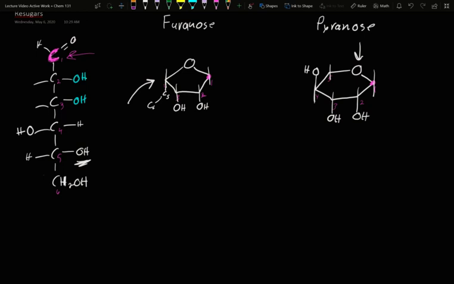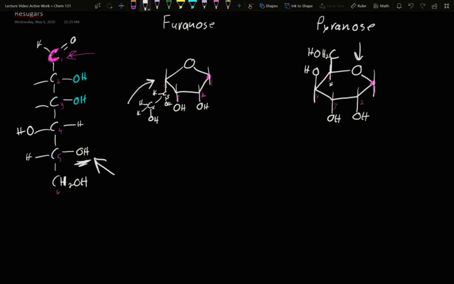Because the OH was on the right for carbon 5, because it was D, the extra carbons go up. So carbon 6 is up above, hydrogen's down below. Carbon 6 has 2 hydrogens and an OH. And we can add those bits over here on the furanose as well.